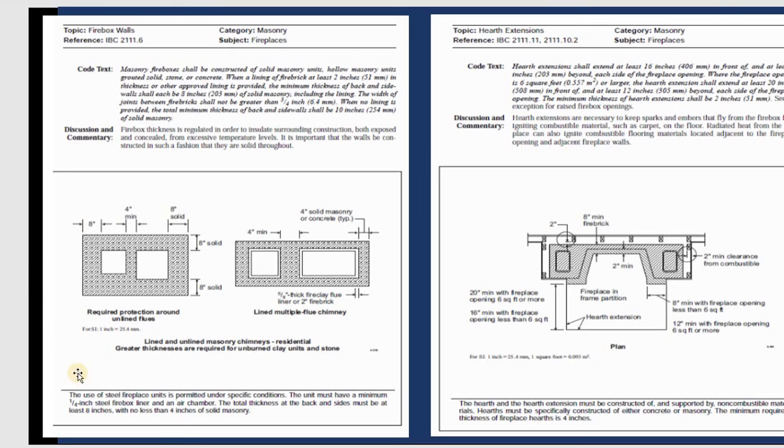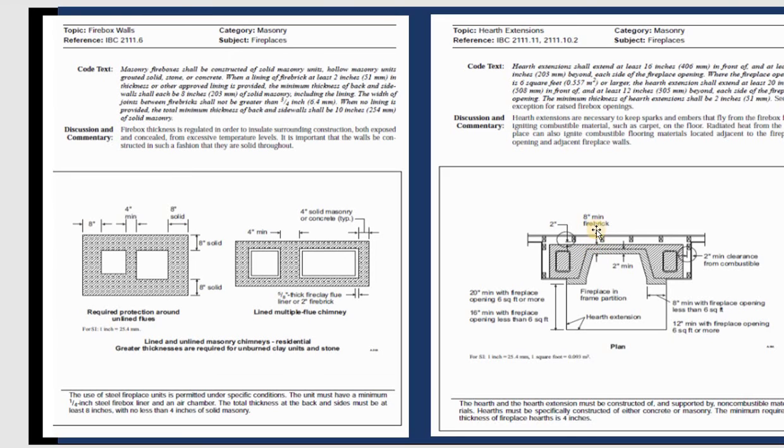This is the chimney section. When you look, that's the top view of the chimney, and this one is the section cut. If you look at the bottom of the chimney at your home, you can see the hearth extension is right here, and they allow 20 inches minimum, for an opening of 6 square feet or more. So this one, you look at the wall, it's 2 inches minimum, and after that they need the block right here with a minimum fire brick.